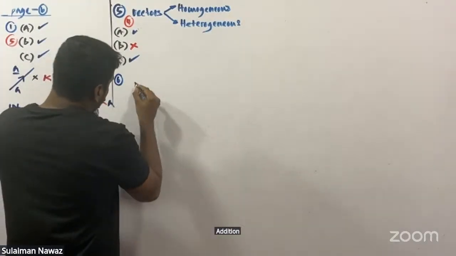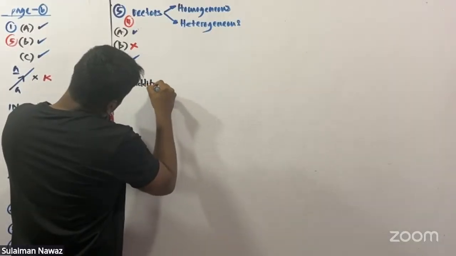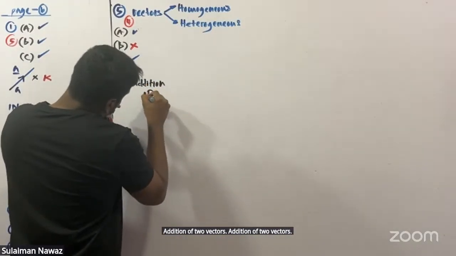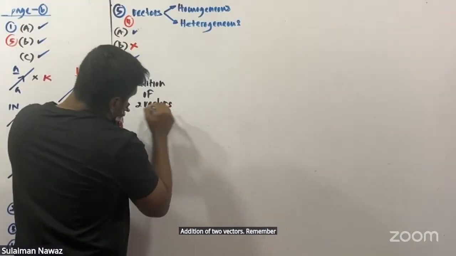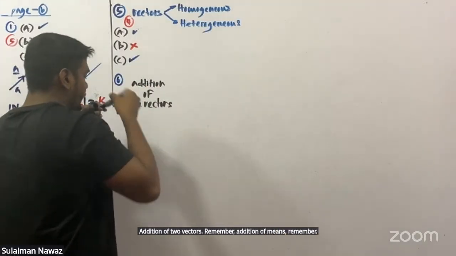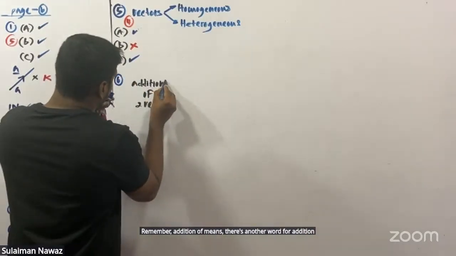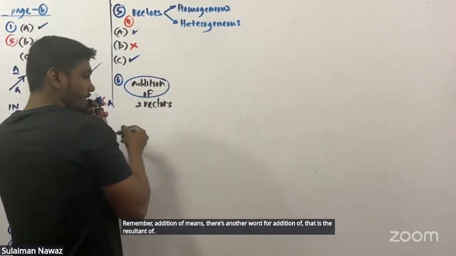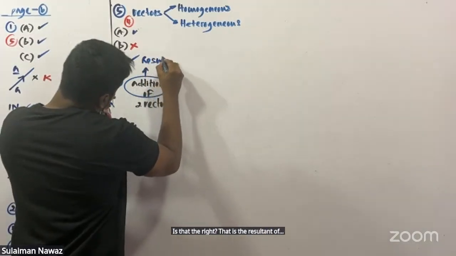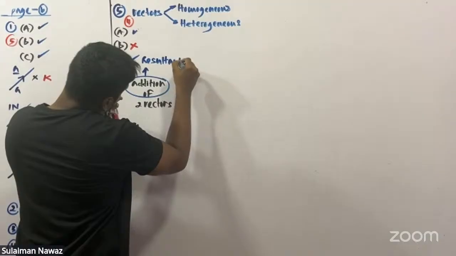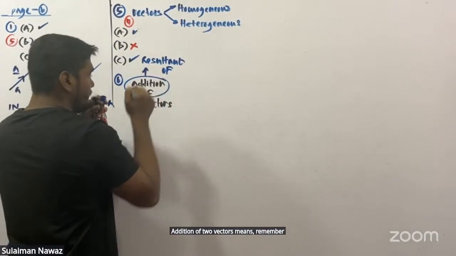Addition of two vectors. Remember, addition of has another word, that is the resultant of. Addition of two vectors means the resultant of two vectors.